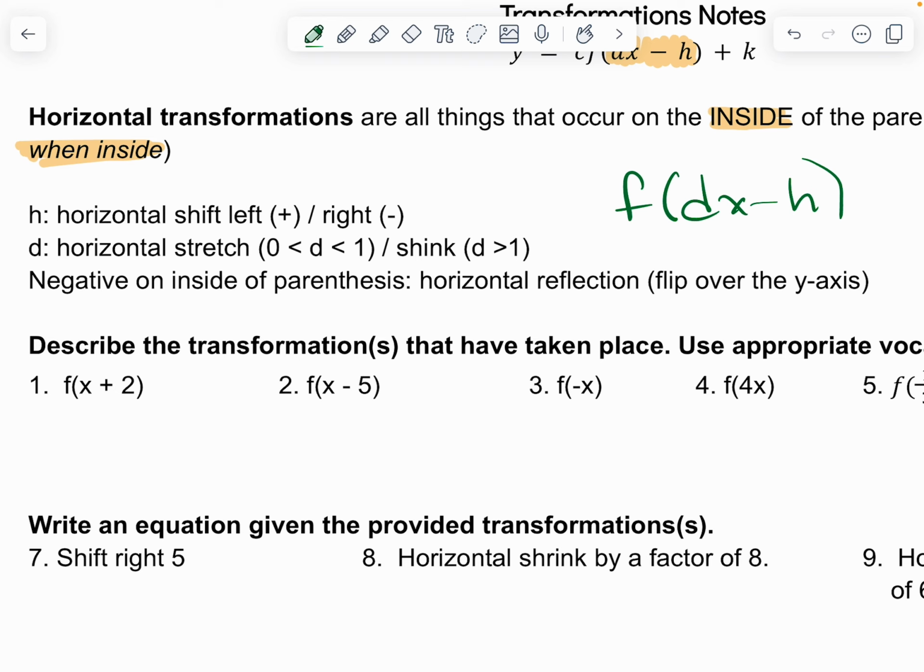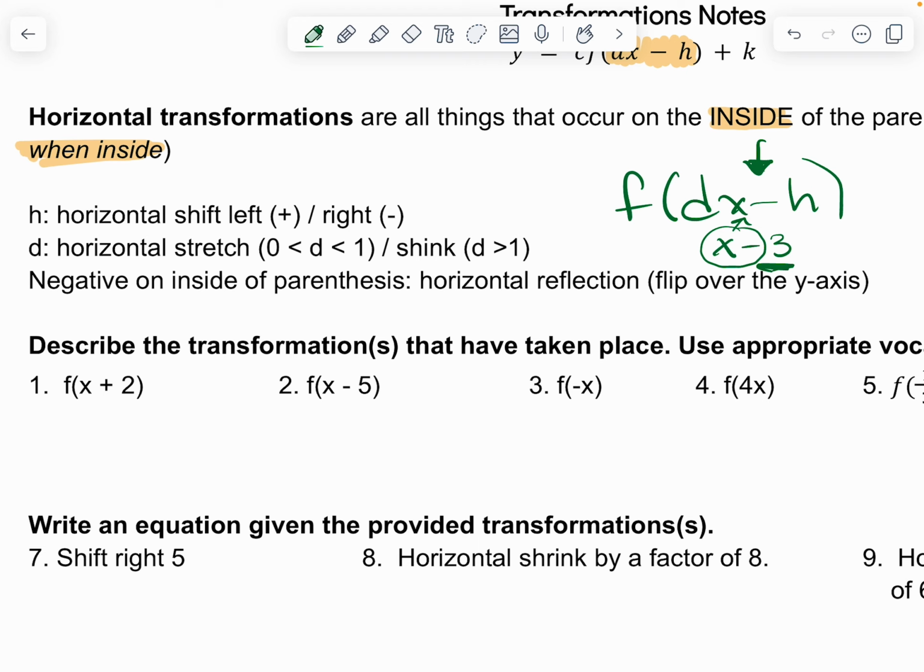Now, you may say to yourself, shift left for plus, that doesn't make sense. The reason it's doing that is because this has a minus sign right here. So if it was x minus 3, the x and the minus go with the formula, so this is actually a positive 3. So that's why it would go to the right.